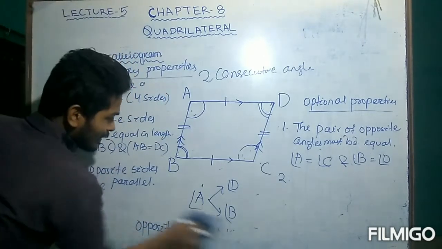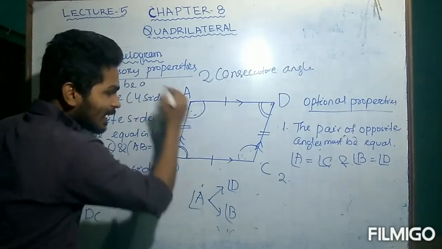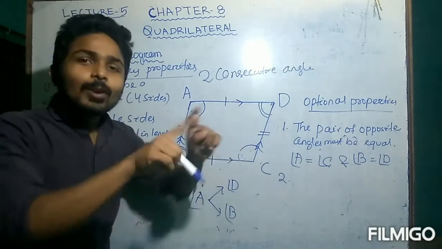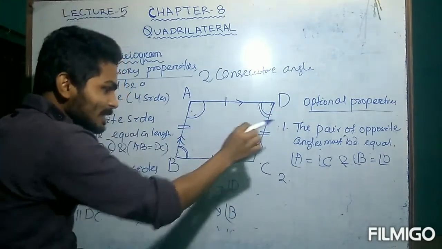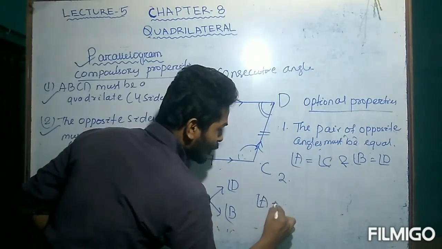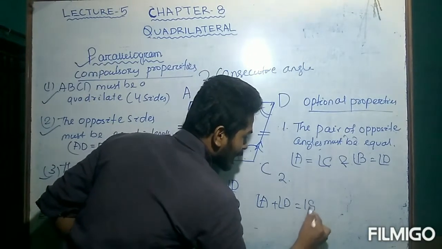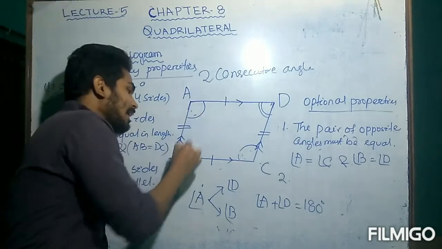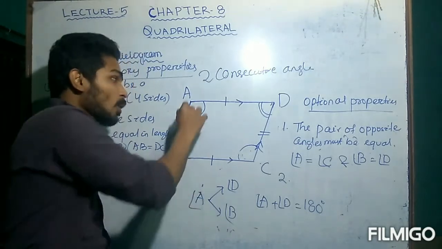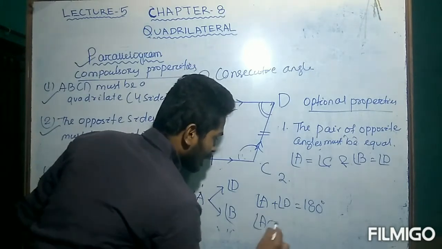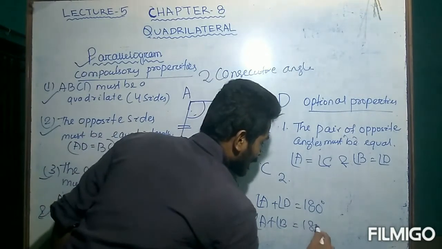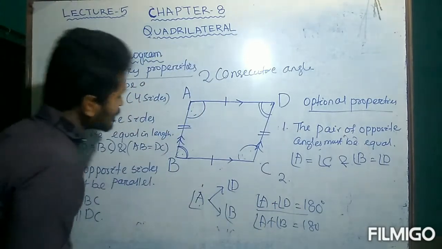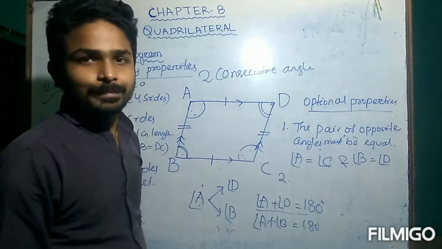For angle A, as we know, angle D is consecutive. So A and D are consecutive angles. Then according to the second condition, the sum of any two consecutive angles is 180 degrees. Similarly, angle A and angle B are consecutive, so the sum of A and B is also 180 degrees. A and D are consecutive, so their sum is 180. A and B are consecutive, so their sum is 180.